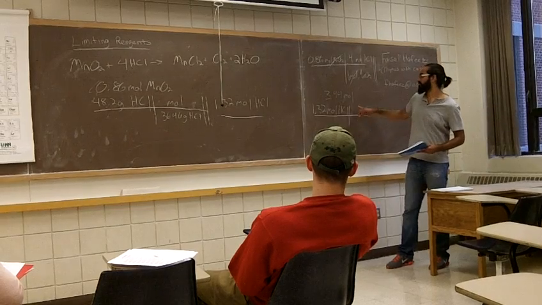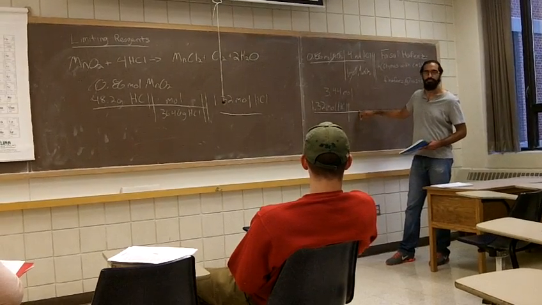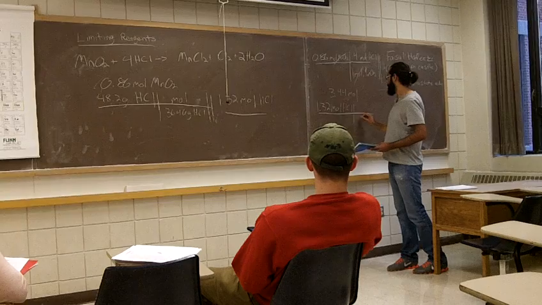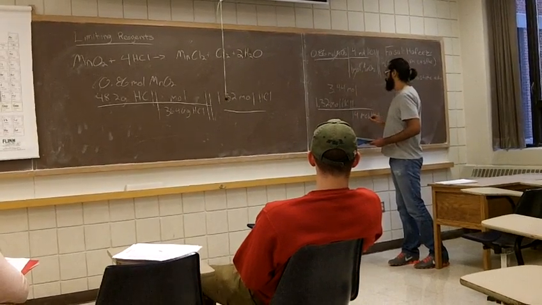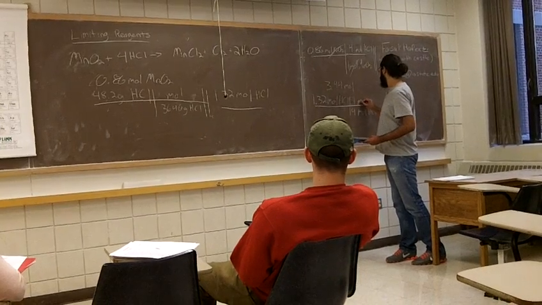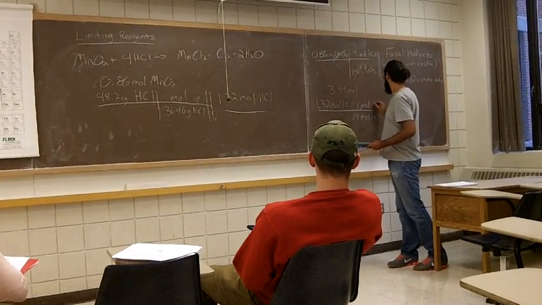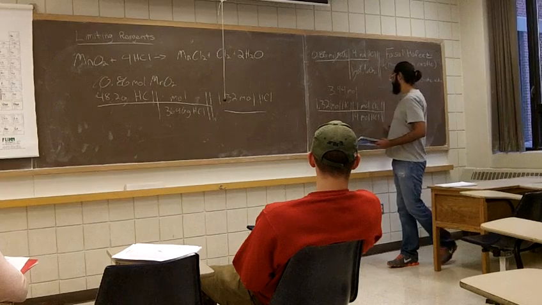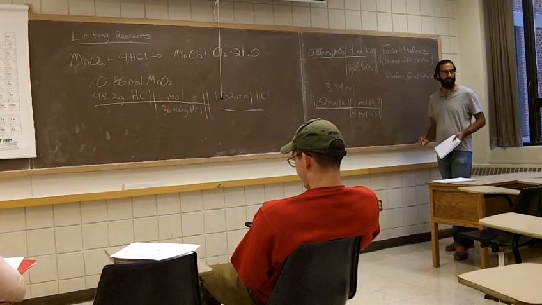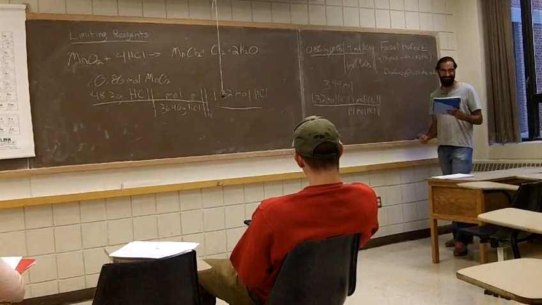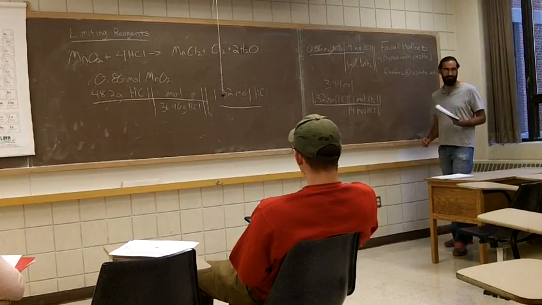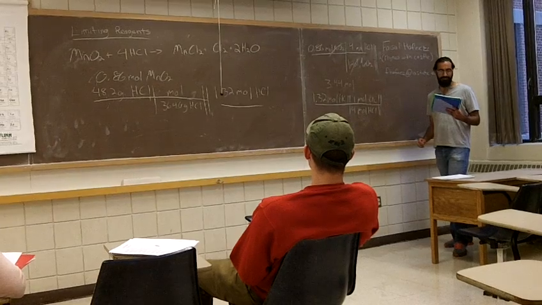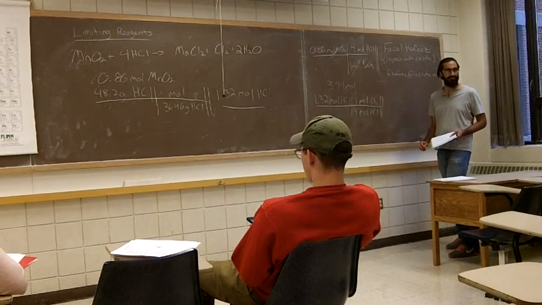All right, and what goes here? 4 HCl. It's 1 mole chlorine gas. 0.33.